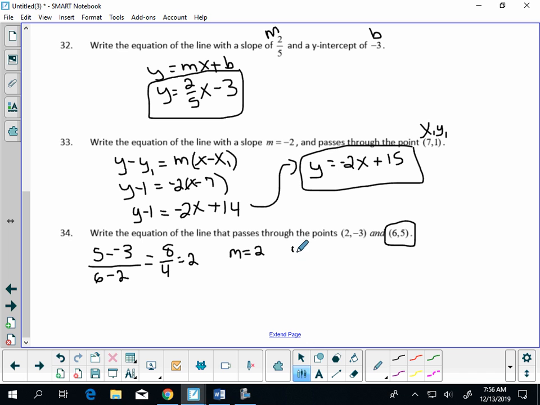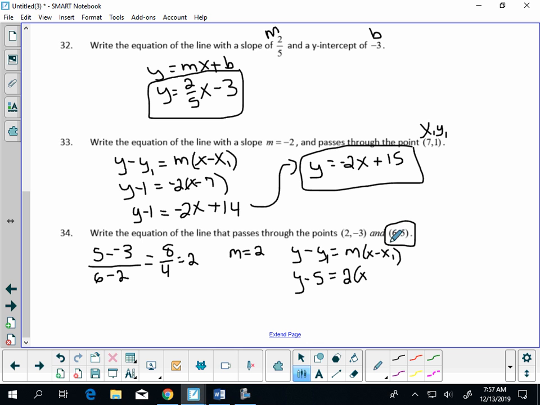Write down my equation. Y minus y sub 1 equals m x minus x sub 1. And it becomes a lot like the previous problem that we did. My y coordinate that I chose is 5. My slope is 2.